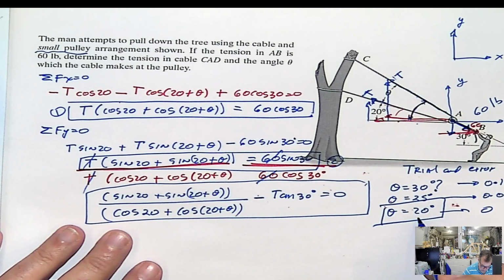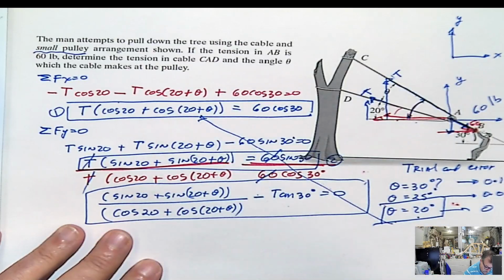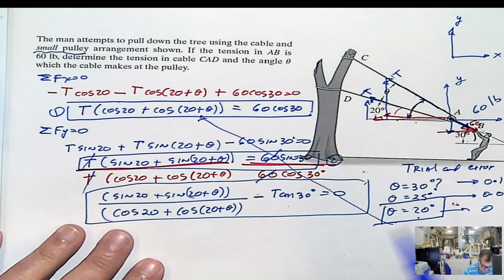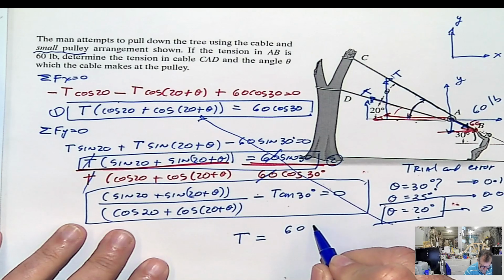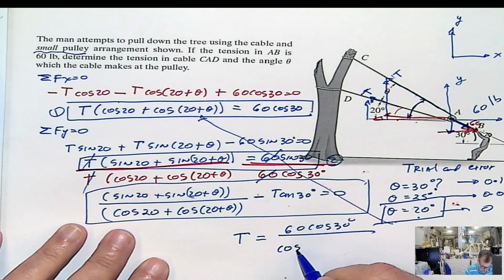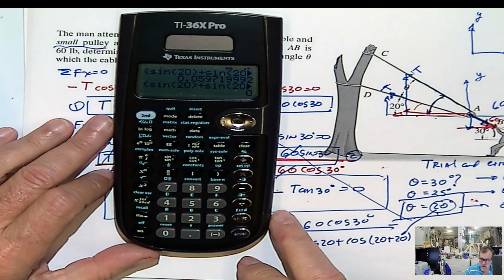And once you have 20 degrees, you just get this and put it into there. So it's going to be 60 cosine 30 divided by this for t. Let's calculate t. T is going to be, in that equation, 60 cosine 30 degrees divided by cosine 20 plus cosine 20 plus 20, being this, that 20. And that will give the value for t.